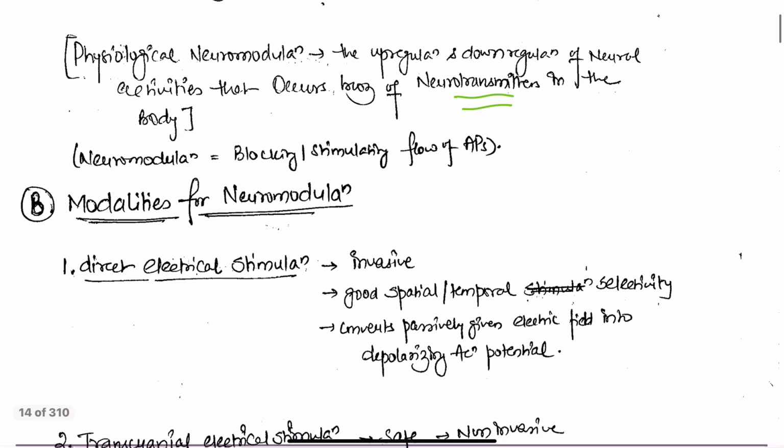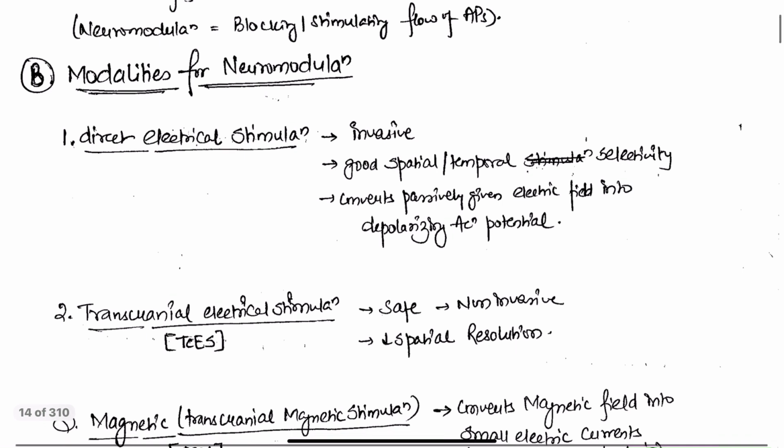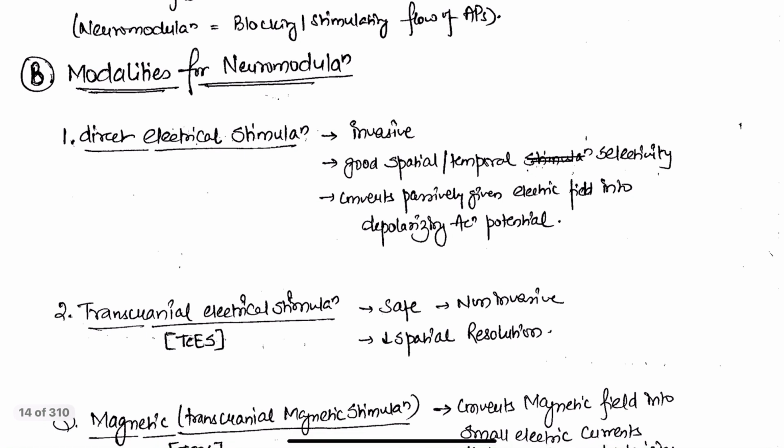Now, how do you do neuromodulation? One is by direct electrical stimulation. It is invasive, with good spatial and temporal selectivity, and converts a passively given electric field into a depolarizing action potential. So if you actually think about it, it's like this. You give a direct electrical stimulation, like say in spinal cord stimulation.